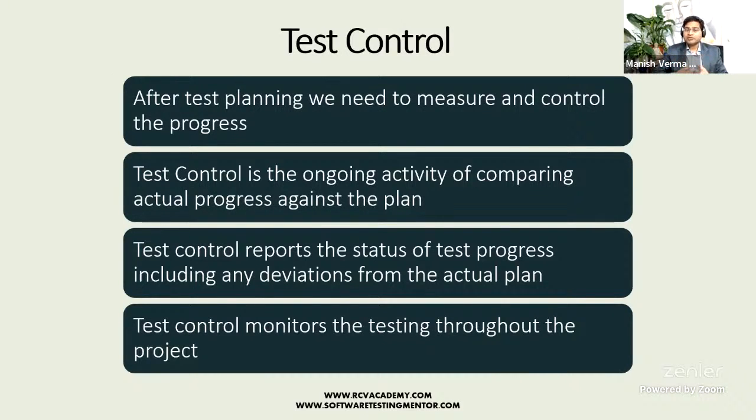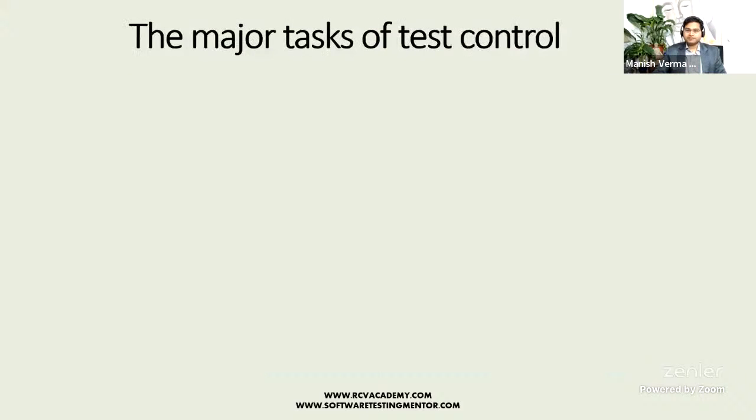During this activity, you analyze how things are progressing, and if there are any blockers, how they are going to impact the overall testing life cycle. So it's kind of monitoring the testing throughout the life cycle, throughout the project. It's not just one or two sprint activity, it's a continuous activity.